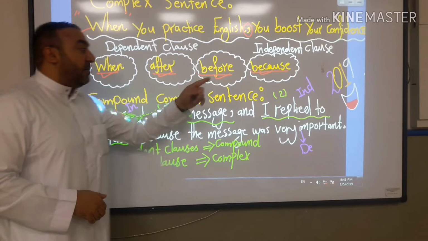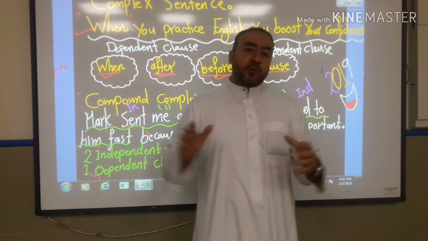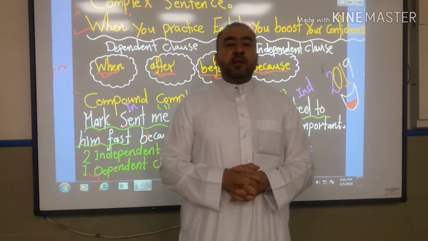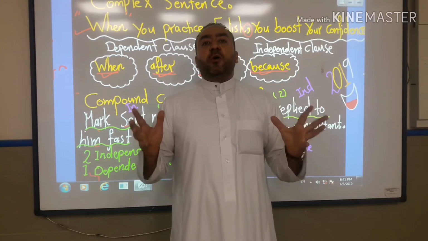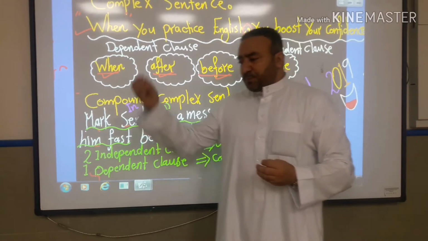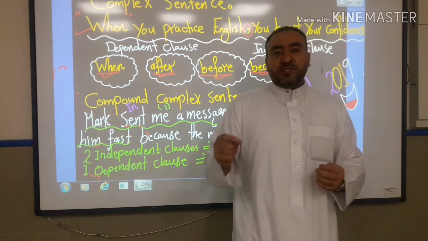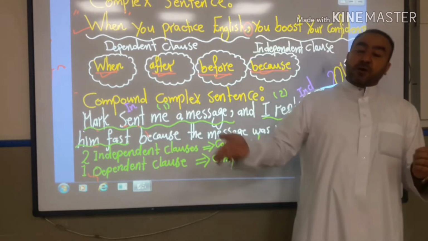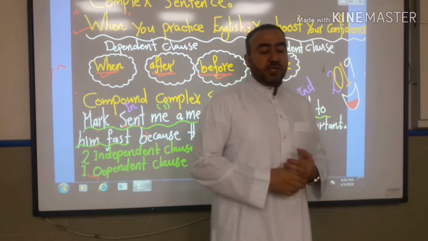And finally the compound complex sentence has two complete thoughts and one incomplete thought, or more than two independent clauses and one or two dependent clauses. The compound complex sentence is used when you have a full understanding of the previous sentences: the simple, the compound, the complex, and then easily you can form the compound complex sentences.